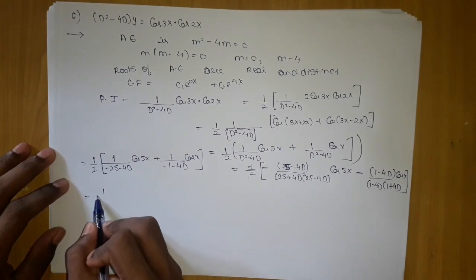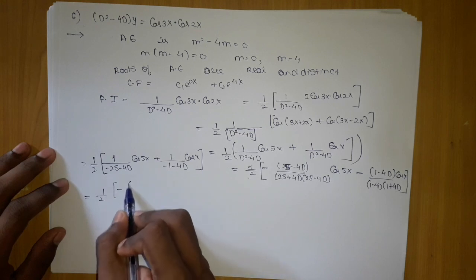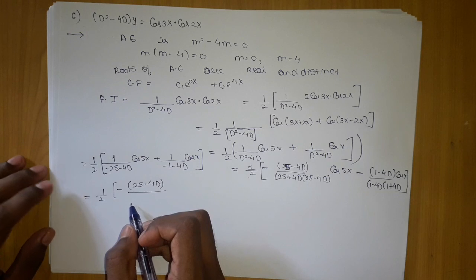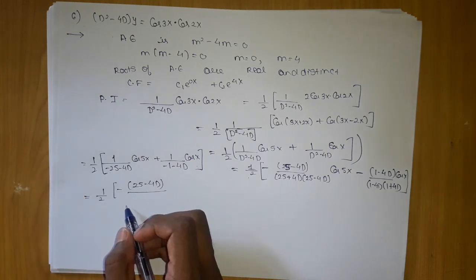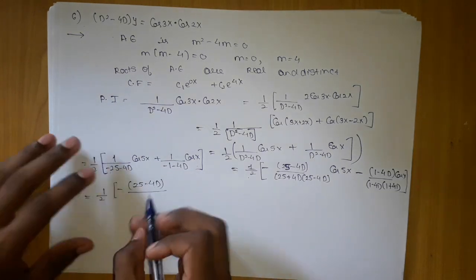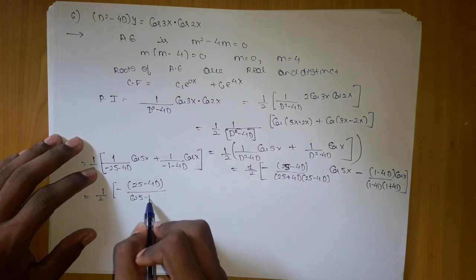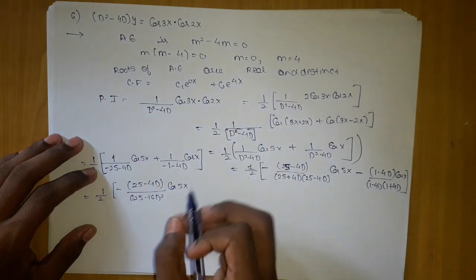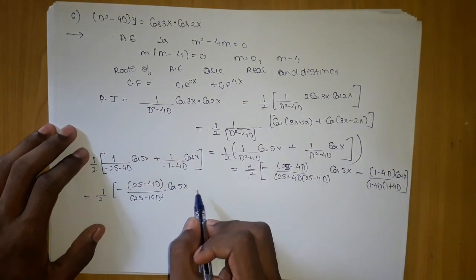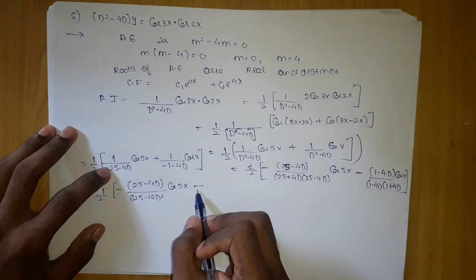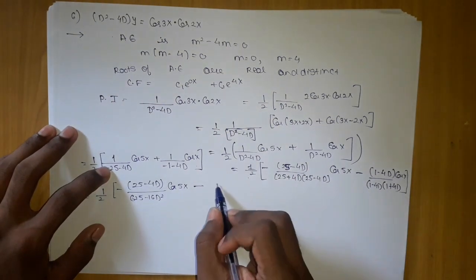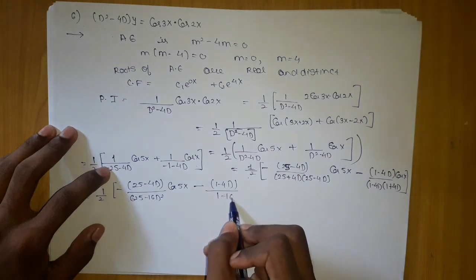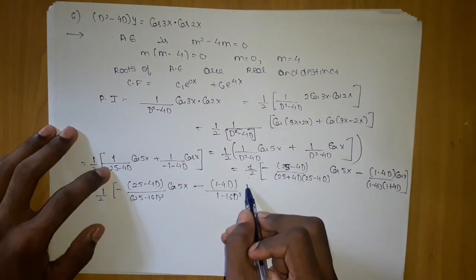After this, what we are going to get is 1 by 2, minus sign here, 25 minus 4d over 25 square minus 16d square, which gives something like 625 minus 16d square, into cos 5x, right? After this, here it will be minus, 1 minus 4d as it is, and here we are going to get 1 minus 16d square into cos x.